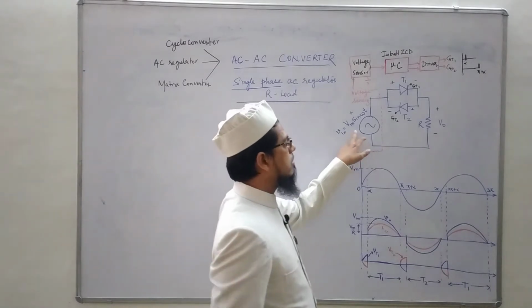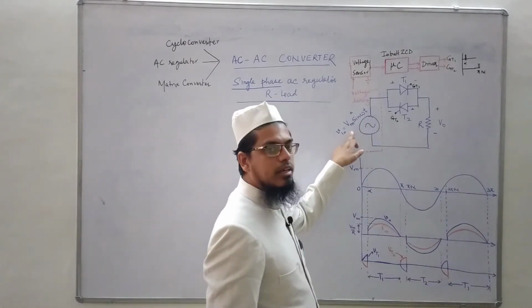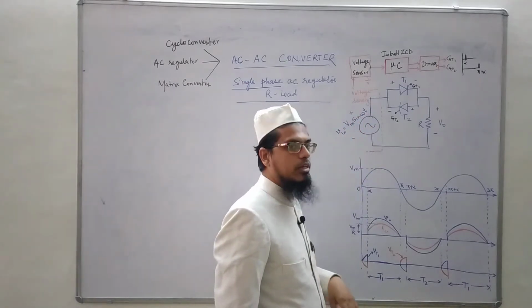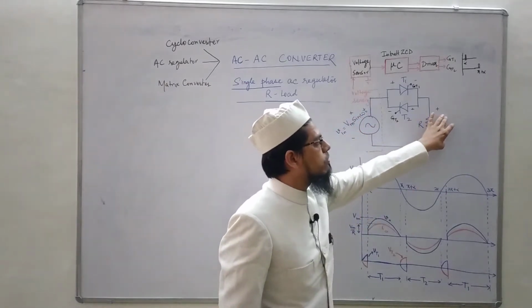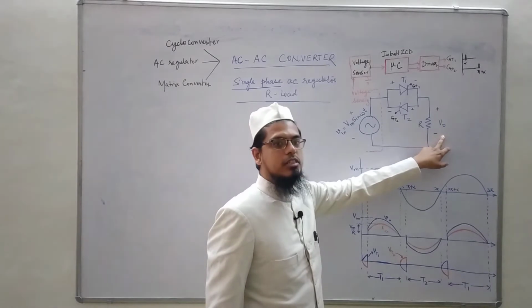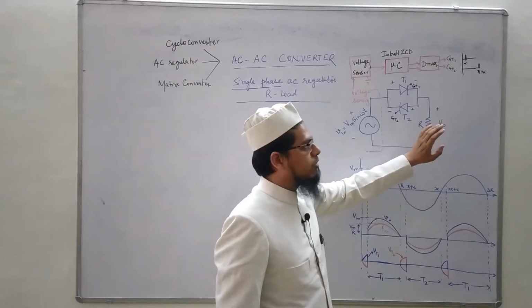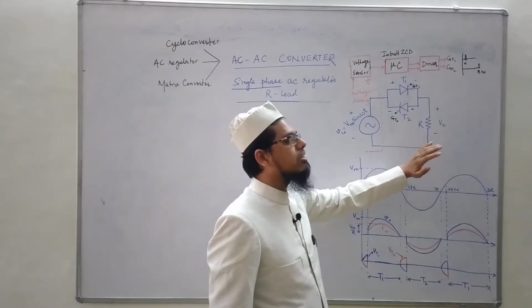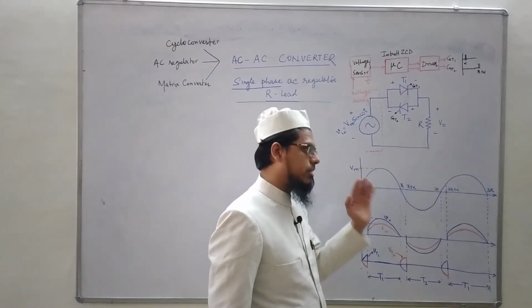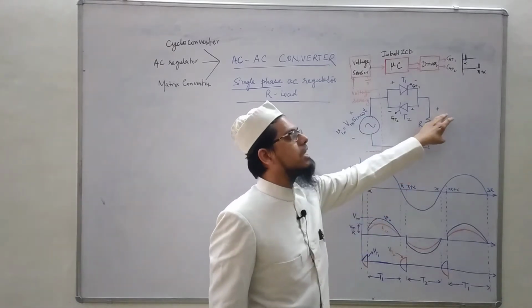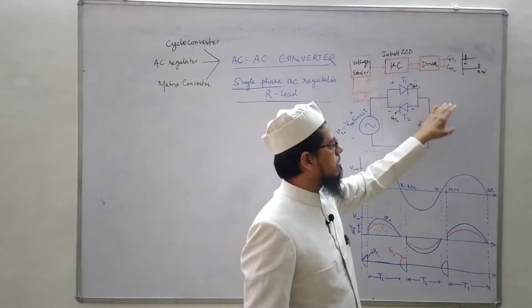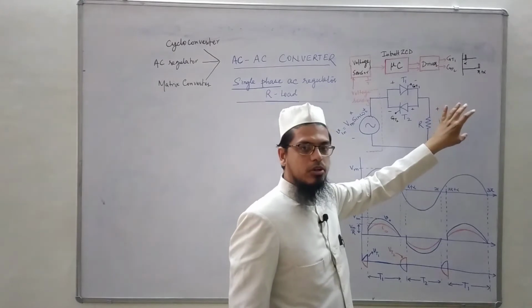It is given supply from a fixed mains, say Vm sin omega t is the supply that is given to it, and at the output we have a resistive load, and we want a variable, or rather it is better to say a controlled, voltage at the output terminal of this load.